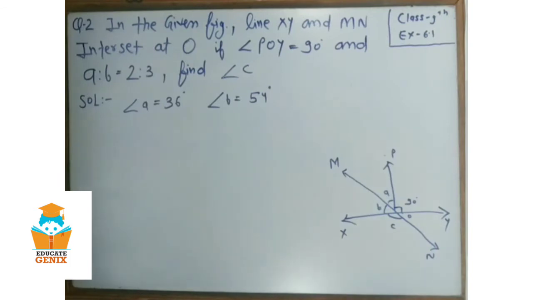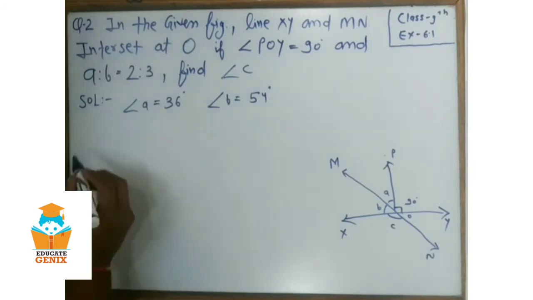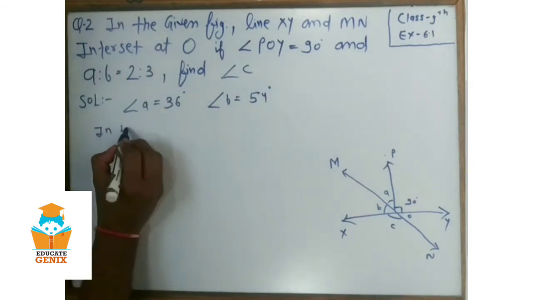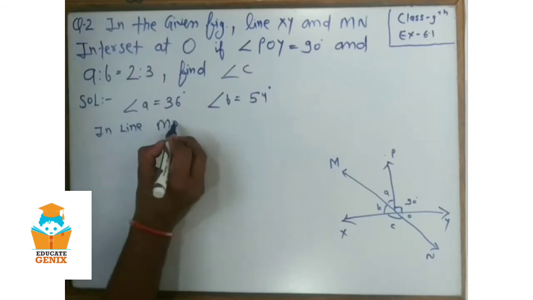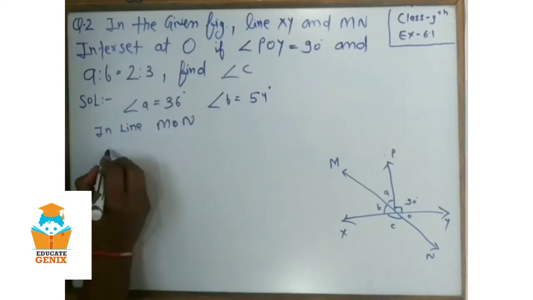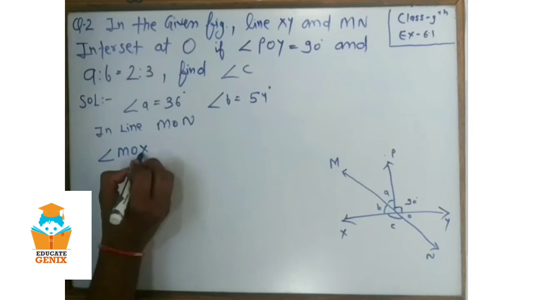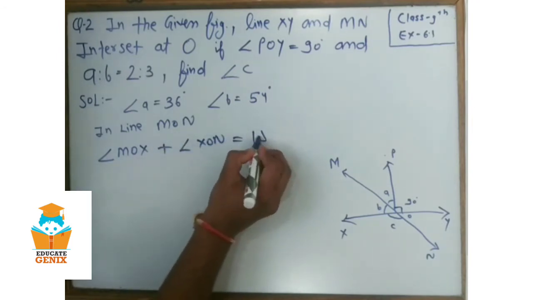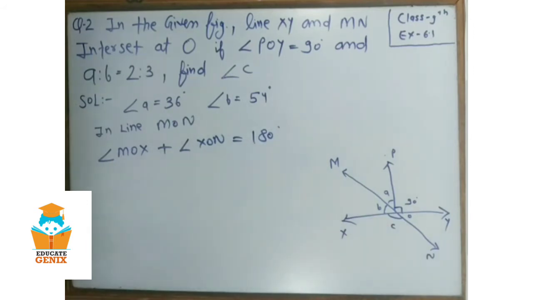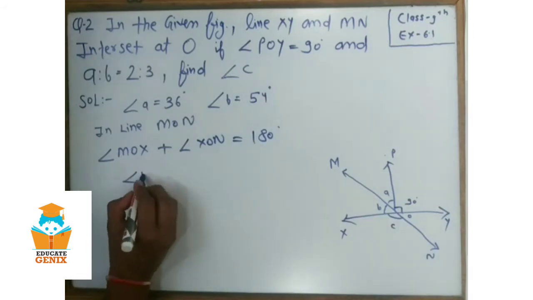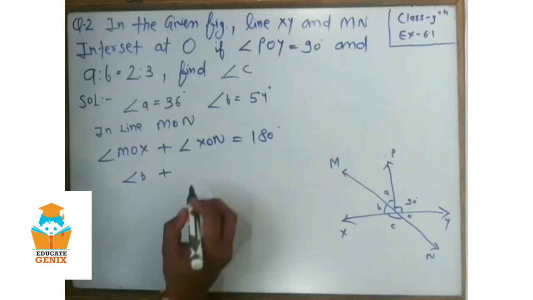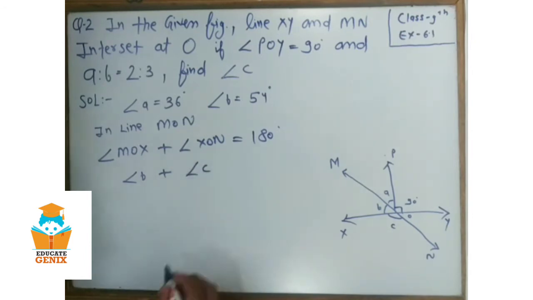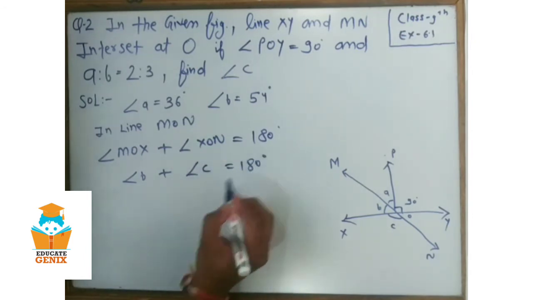As we found angle A equals 36 degrees and angle B equals 54 degrees, now we are going to take line MON. In line MON, angle MOX plus angle XON equals 180 degrees, and we know that MOX is angle B plus XON which is angle C equals 180 degrees.